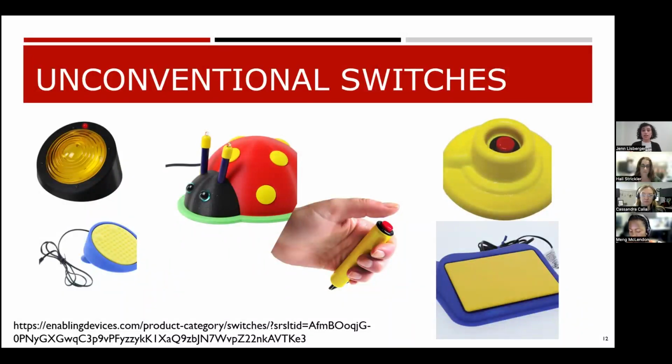So does that cute little ladybug switch in the middle. It'll light up and it vibrates. So it might be something for a younger individual who's just starting out with switch accessibility. It'll attract your attention. It looks fun. It's almost a toy in and of itself, but when you activate it, it can activate whatever it is that you have it connected to in the activity.